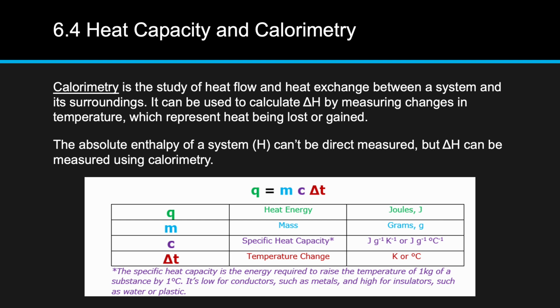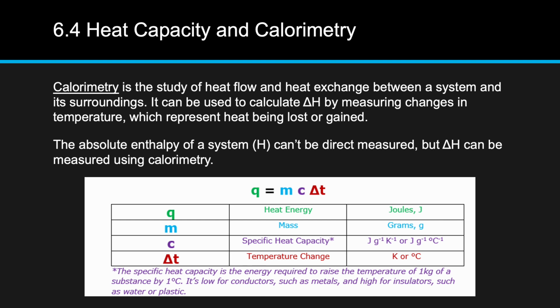When we quantify this relationship using the equation Q equals mcΔT, Q is going to represent heat energy transferred, m is our mass of the substance in grams, c is the specific heat capacity, and delta T is the change in temperature either in Celsius or Kelvin.